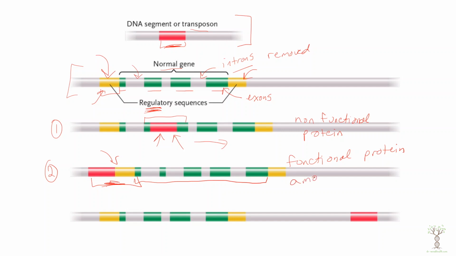So the amount or the timing will be affected. Now, in this third scenario, the transposable element is inserting way downstream of the gene in a non-coding region that is not going to affect this protein or the regulation at all. So this will not affect this gene. So this is a silent mutation.